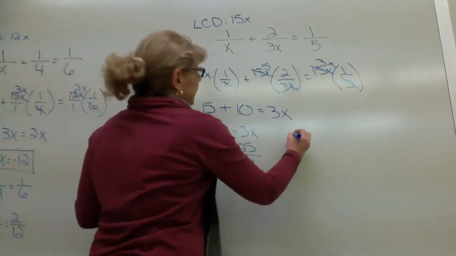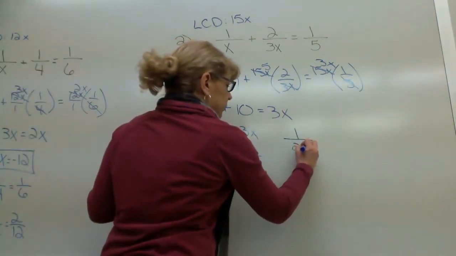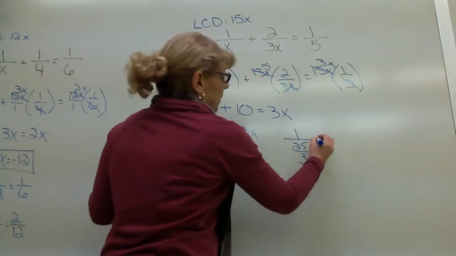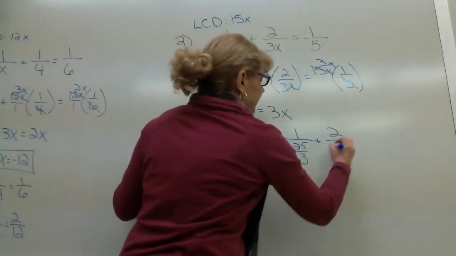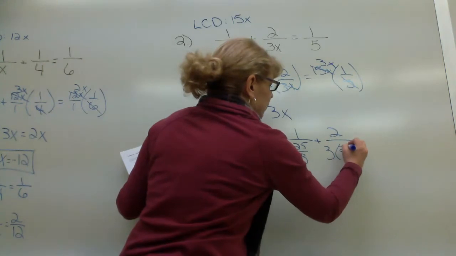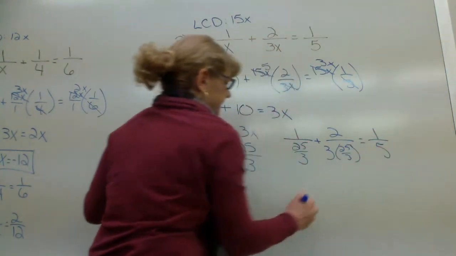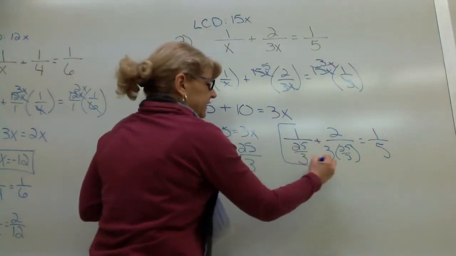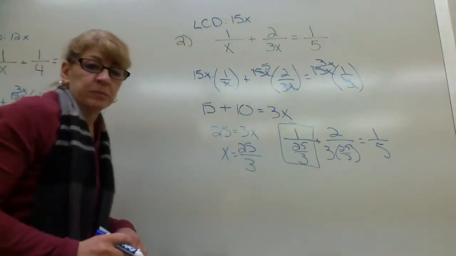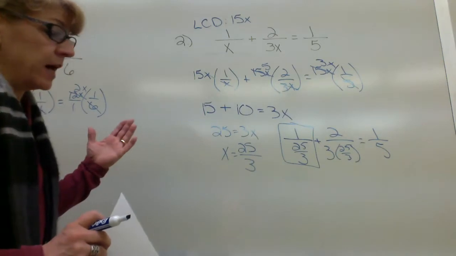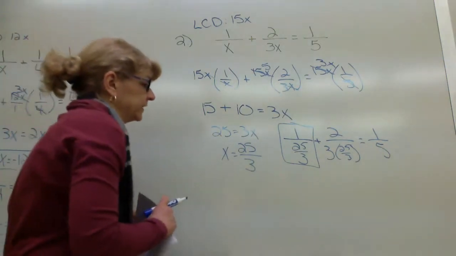So I have here 1 over 25/3 plus 2 over 3 times 25/3 equals 1/5. Everyone should recognize this as a complex fraction, and you multiply that numerator and denominator by the reciprocal of that denominator.